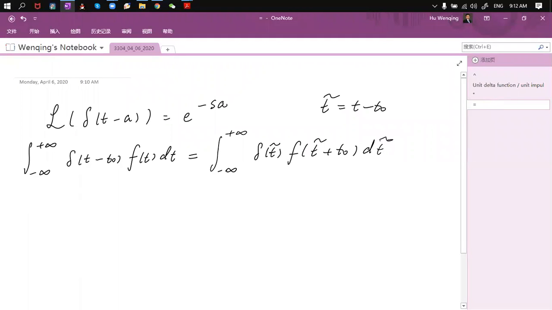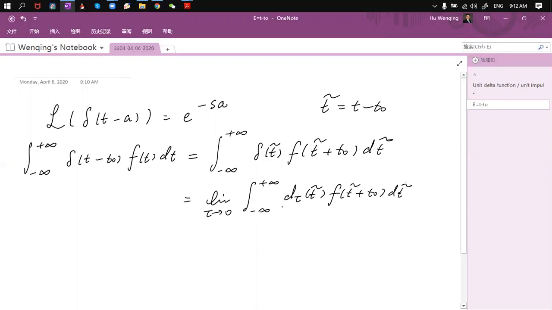Now, once you have this, you can use the same technique as what we did before. It's the limit as tau goes to 0 of the integral from minus infinity to plus infinity of delta tau of t tilde times f of t tilde plus t0 dt tilde.